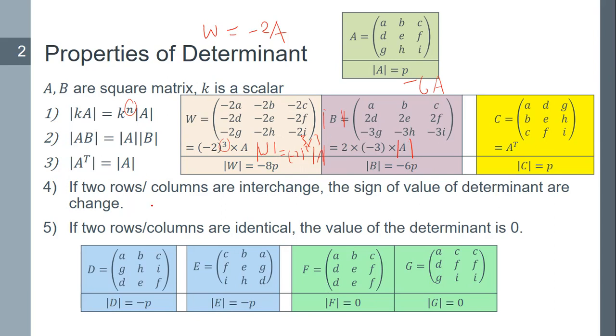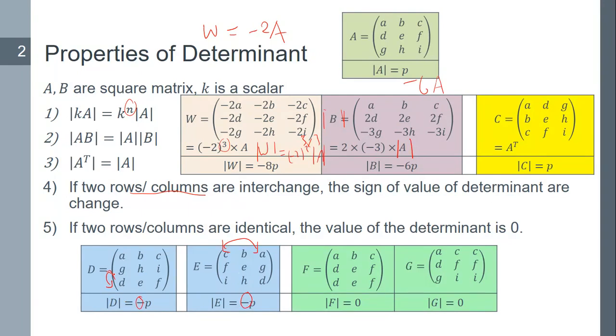If two rows or two columns are interchanged, only the sign of the determinant changes. Let's say I interchange row 2 with row 3, or column 1 with column 3. Then the determinant will have a different sign.